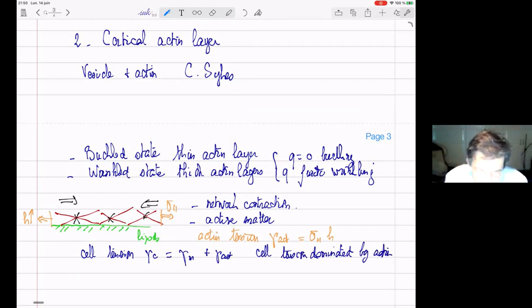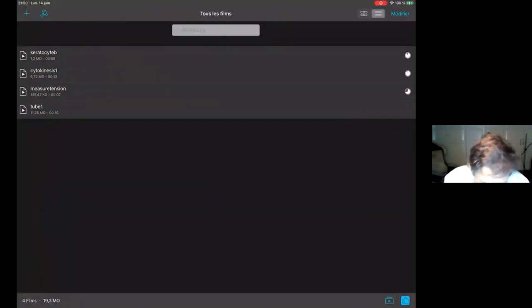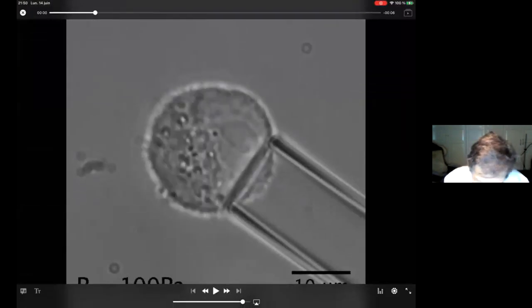Now I want to show you an experiment which measures directly the tension of the cell, and this will kind of show you how it works. It's a very similar experiment to the one I showed you in the beginning.